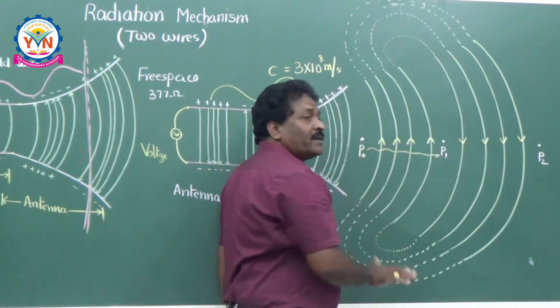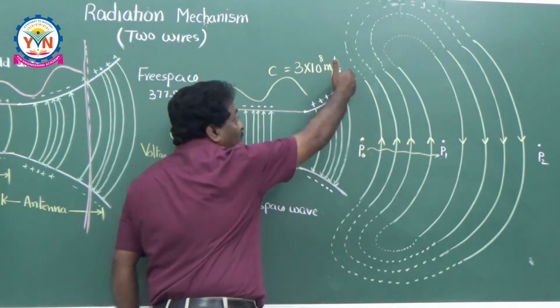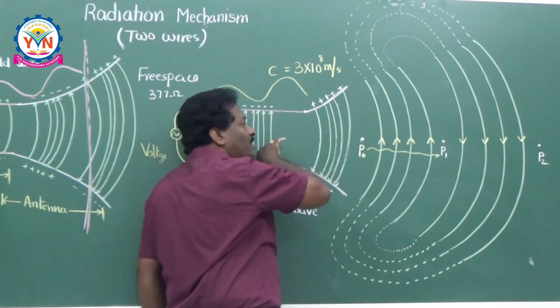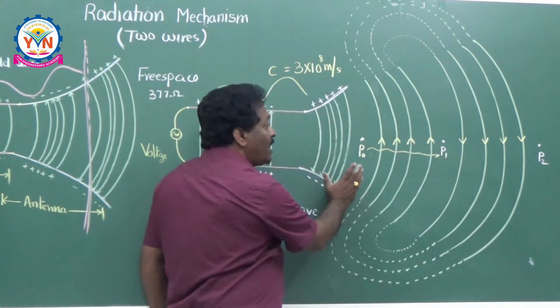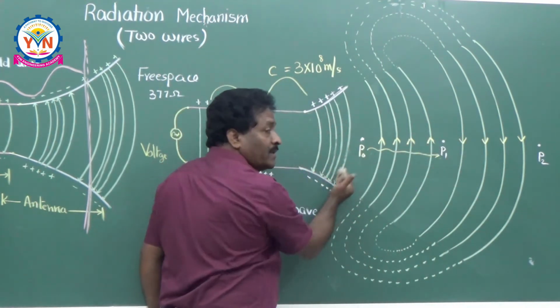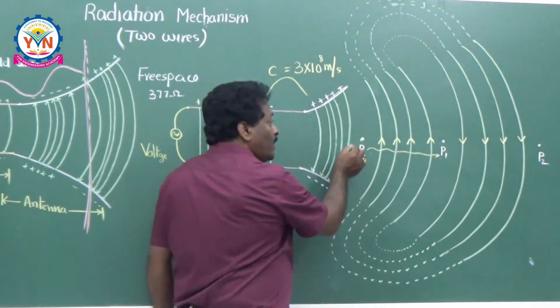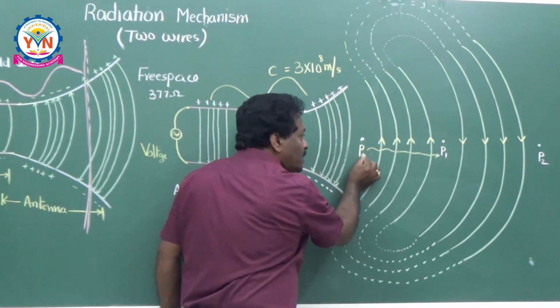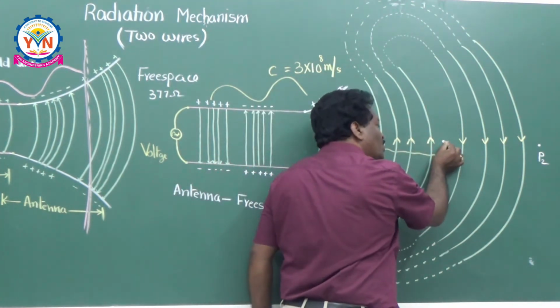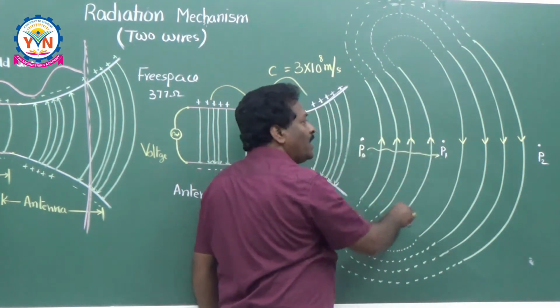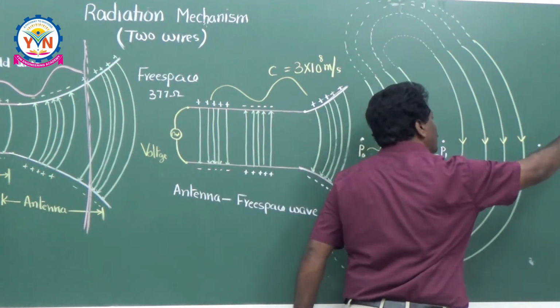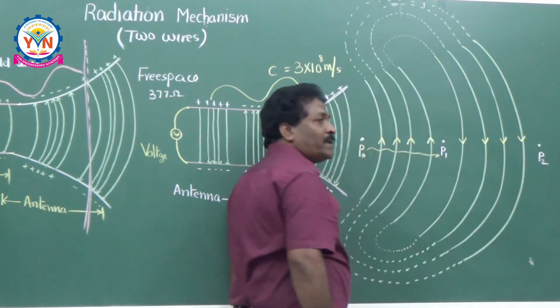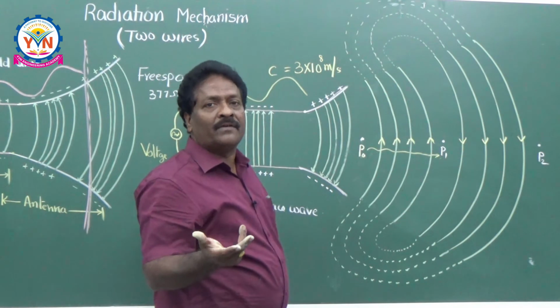Now at this moment, understand that as soon as you truncate this antenna, the waves are going to be released to the free space, and at the mouth of this antenna, the velocity of the electromagnetic waves is more than the light velocity. Once reaching this point P1, it slowly becomes equal to the light velocity, and then it is going to enter into the free space, and the velocity of the waves depends upon the intrinsic impedance of the medium.